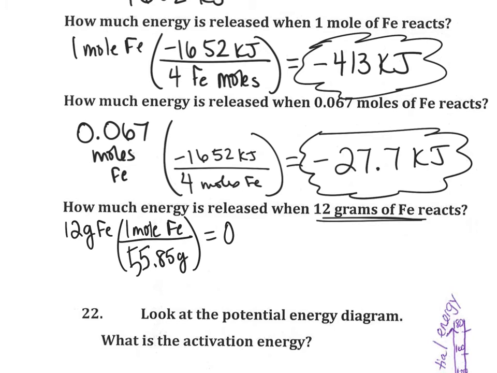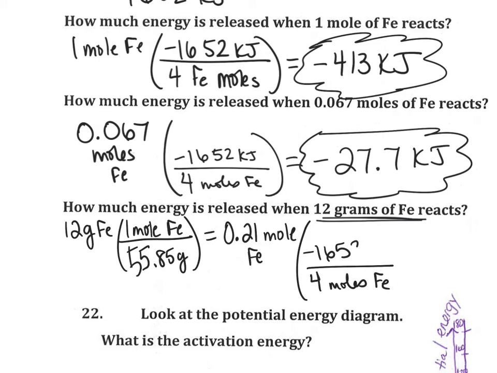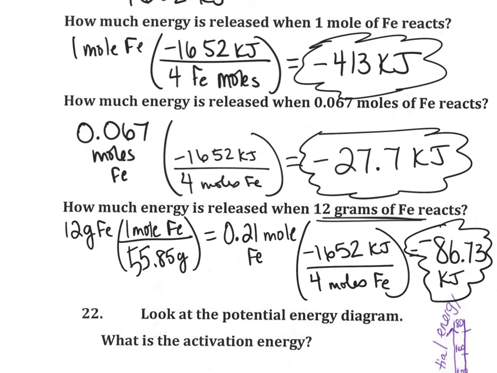So then I find out that I have 0.21 moles of iron. Now I can go ahead and use the relationship that 4 moles of iron are going to produce 1,652 kilojoules of energy, and I get that 12 grams would produce 86.73 kilojoules of energy.